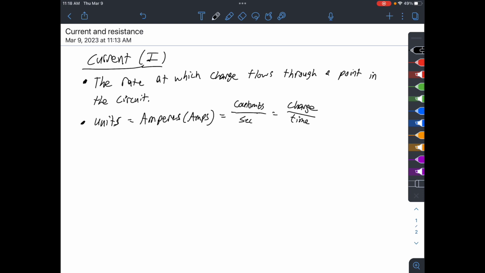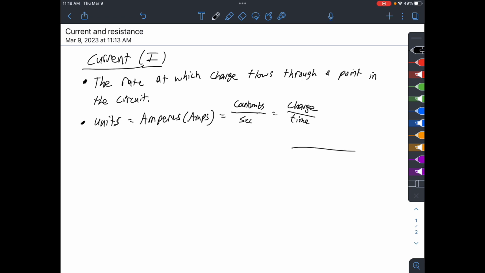And it is not a velocity. Current is not a velocity. Like you might think it's the rate of flow of charge, or the electrons. It is not actually that. It is just a rate of flow through a given point.